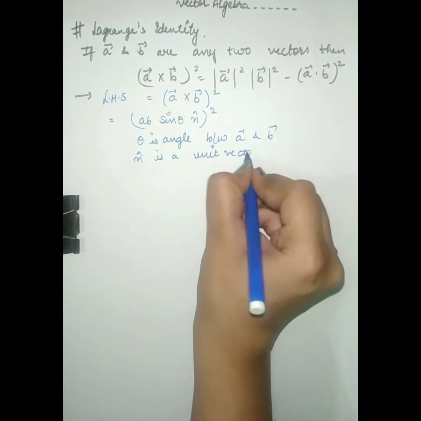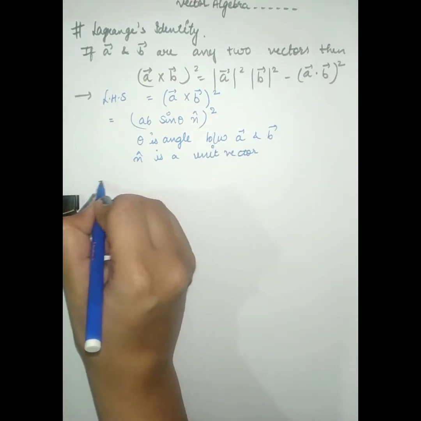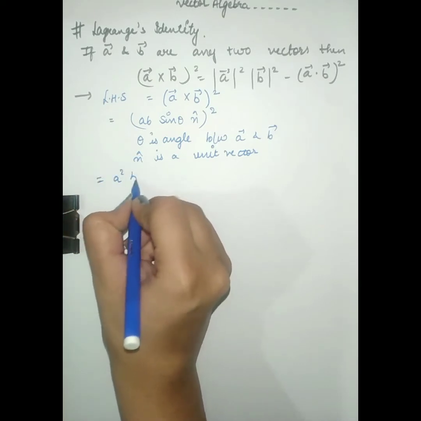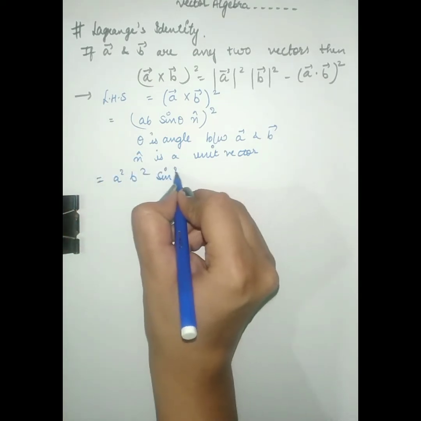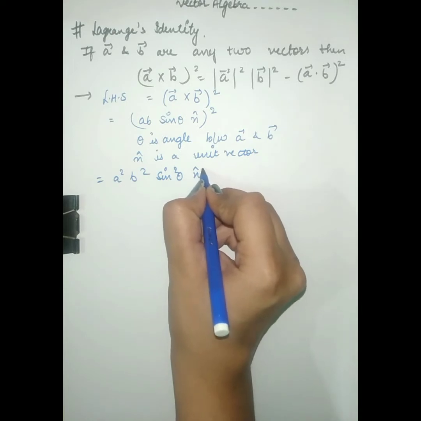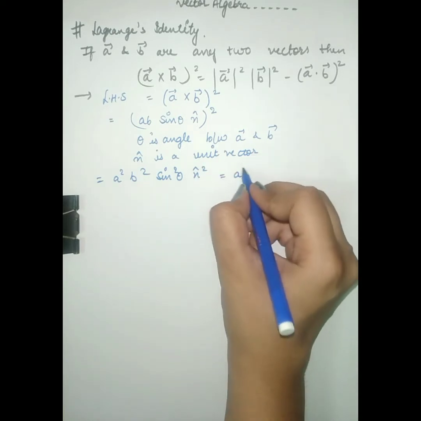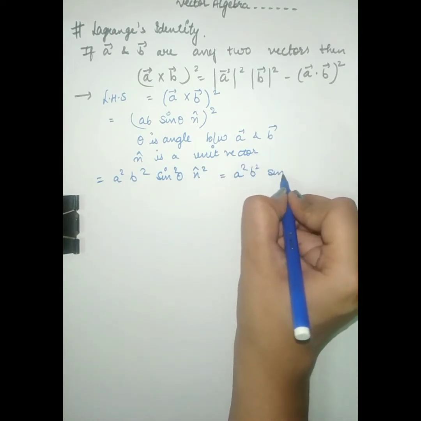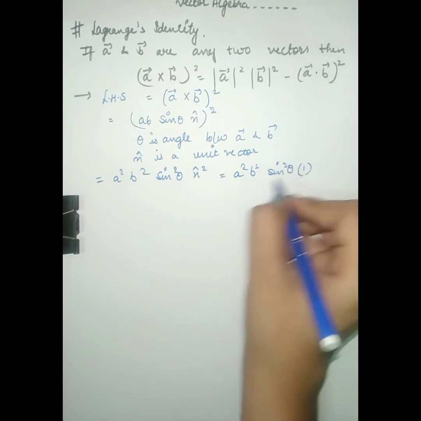Then this will become A square B square sine square theta n cap square. That means this will become A square B square sine square theta into 1.